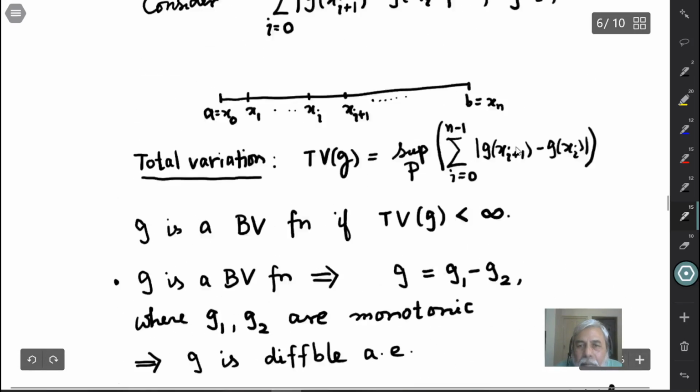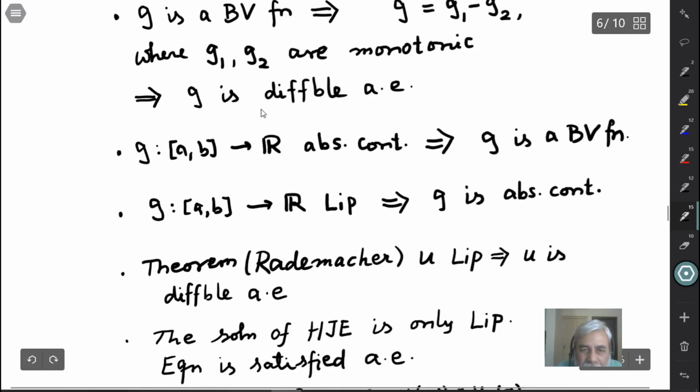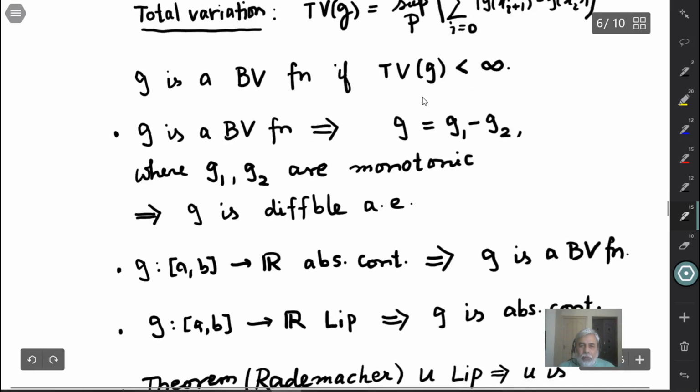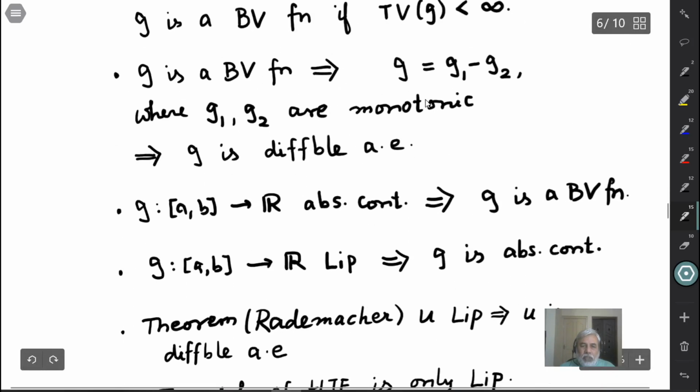By again applying Lebesgue's theorem, g1 and g2 are monotonic, so they are differentiable almost everywhere. So their difference is also almost everywhere differentiable. So g is differentiable almost everywhere. BV functions are also differentiable almost everywhere.